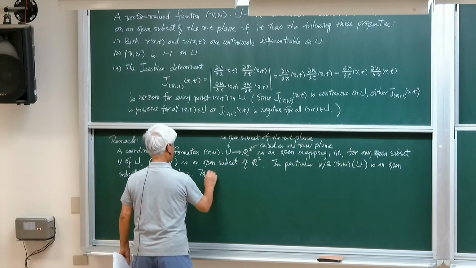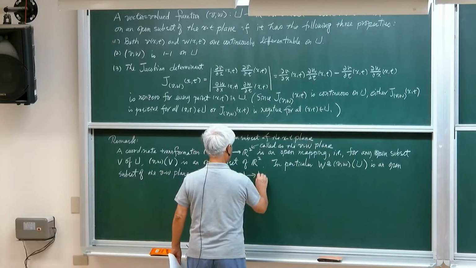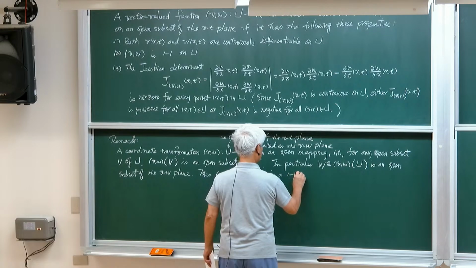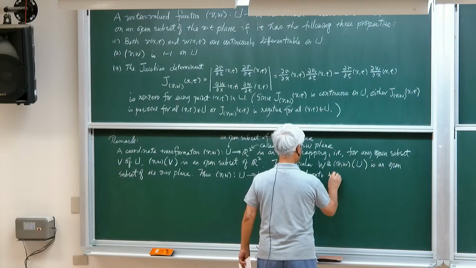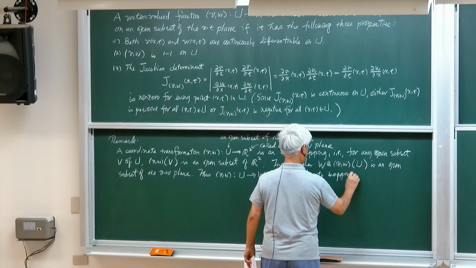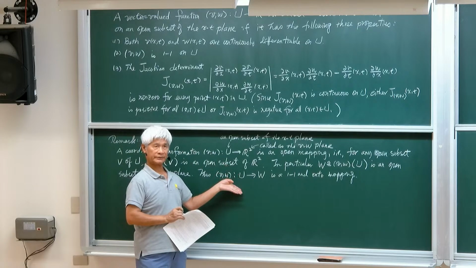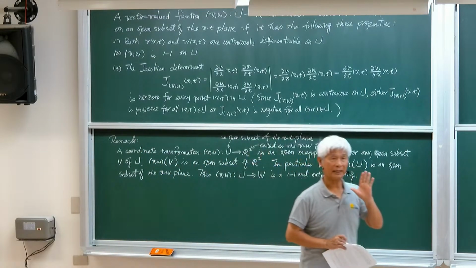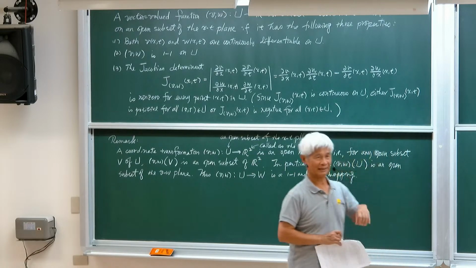Thus VW from U to W is a one-to-one and onto mapping. It is an open set, so it is called an open mapping.